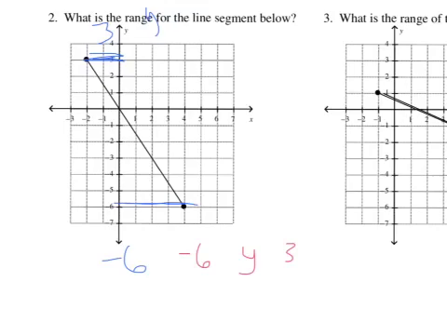It does include the value of -6, so we will write less than or equal to, and it does include the value of 3, so less than or equal to again. The value of y is going to be between -6 and 3, so no matter what point I pick on this line, the height of it is going to be between here and here. It could be -6, and it could be +3, or anything in between.